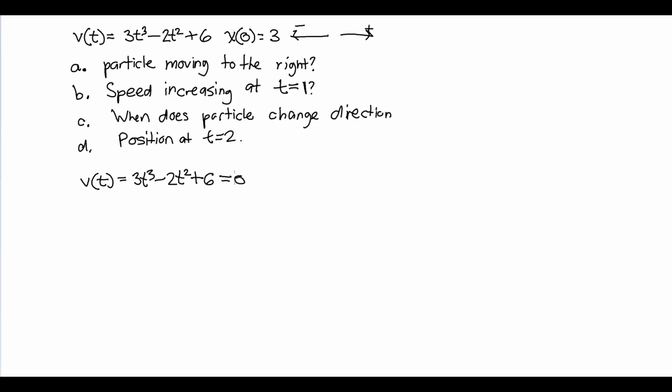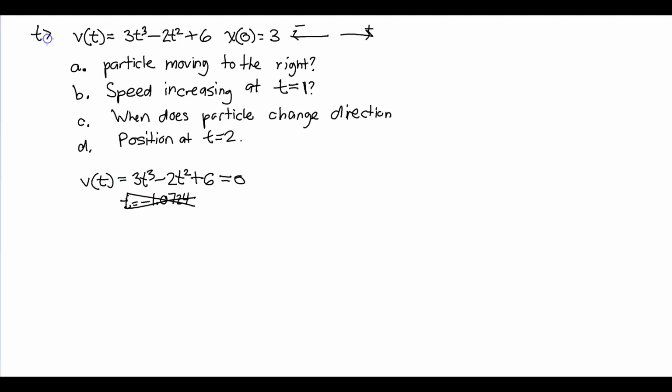What do we get? We get a negative t, which does not exist. We can't have a negative time.